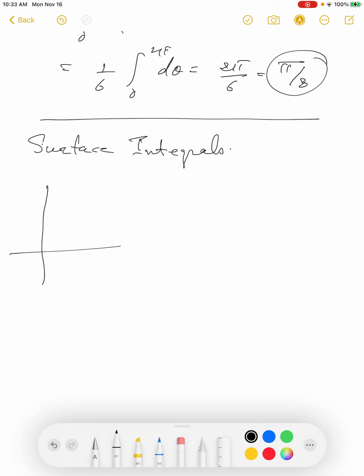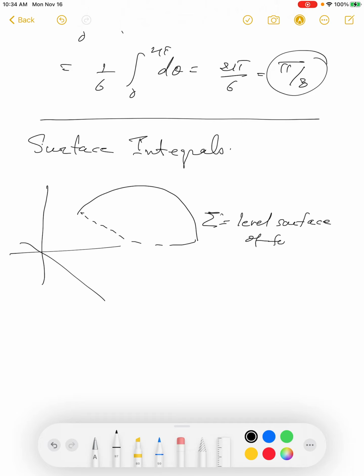Okay, so now we are given a surface in 3D, which is this cap, sigma. I'll call it sigma, the level surface of a function f of x, y.